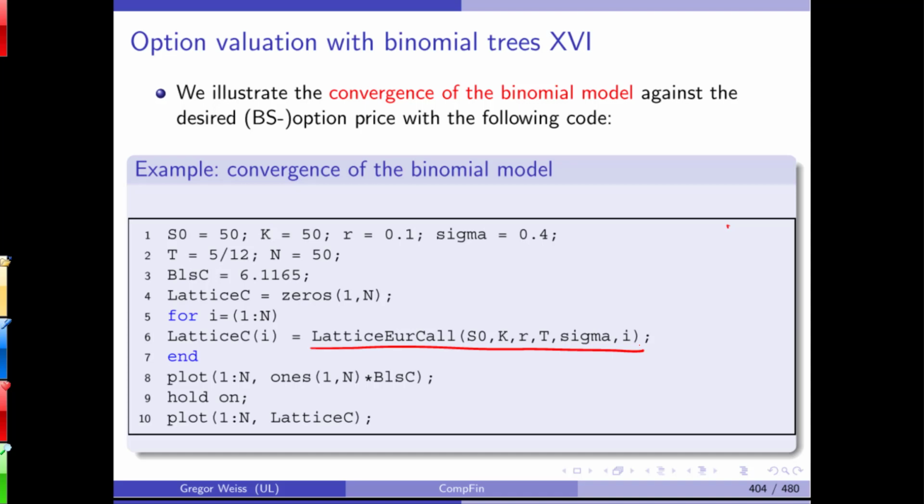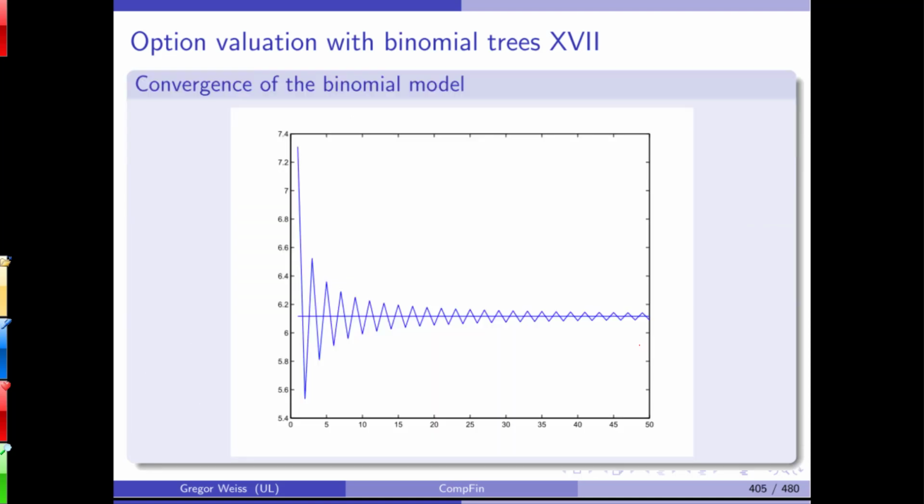And then we just plot it compared to the Black-Scholes price. And this is what you get. This line here is the Black-Scholes price. And the zigzagging line is the price from the binomial model. And as you can see, it slowly converges to the Black-Scholes price in the end, after around, let's say, 50 steps.